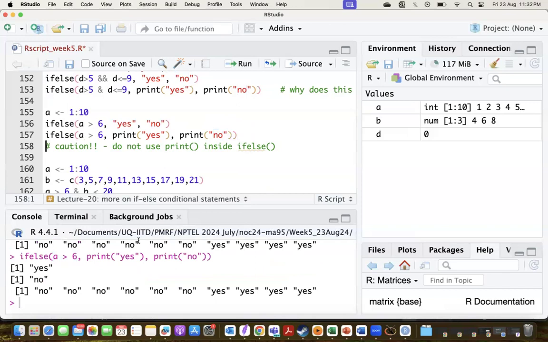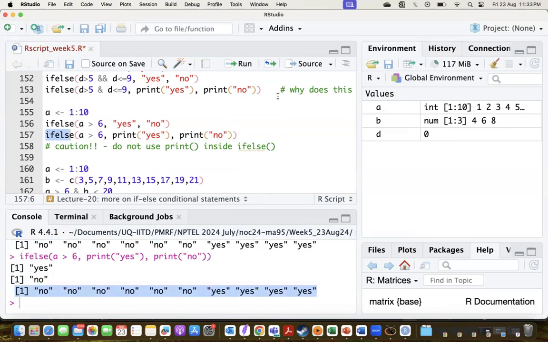And again, here what this is doing is it's printing this and this as well, because both of these are getting executed at some point, and then the actual if else output which you're interested in also gets executed.